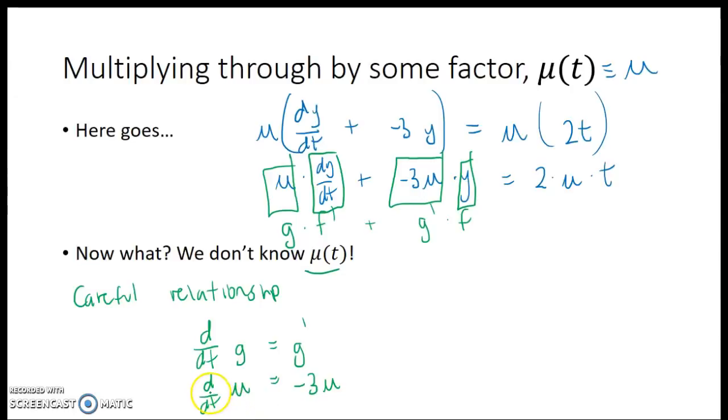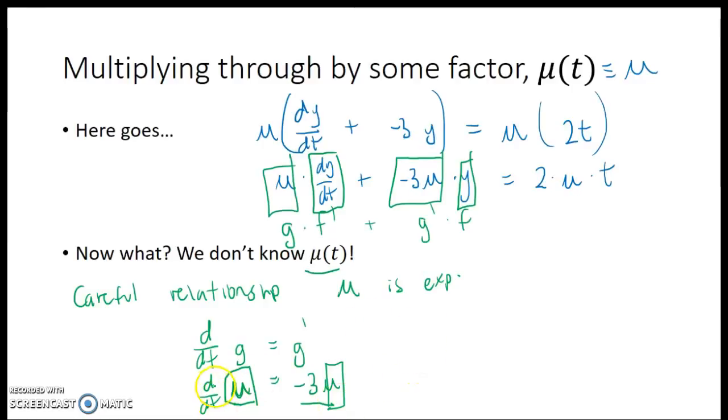And so what I'm left with here is I have to find a function such that when I take its derivative, I get negative 3 times itself. Well, in the back of our minds, we should be thinking that mu is exponential. Only an exponential function is going to have its derivative involve that same original function.